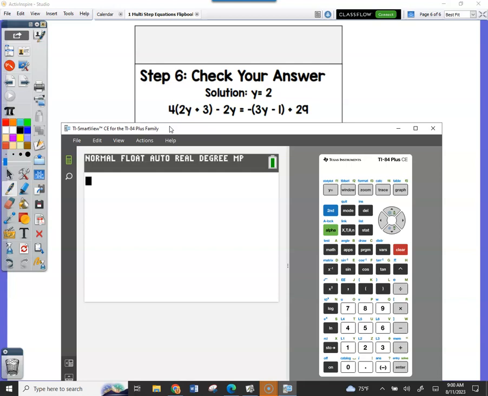So let's type it. All right, we've got 4 parentheses 2 times 2 plus 3 close parentheses minus 2 times 2. Hit enter. Then repeat with the right side. So you want to do negative, because it's in the front, parentheses 3 times 2 minus 1 close parentheses plus 29.